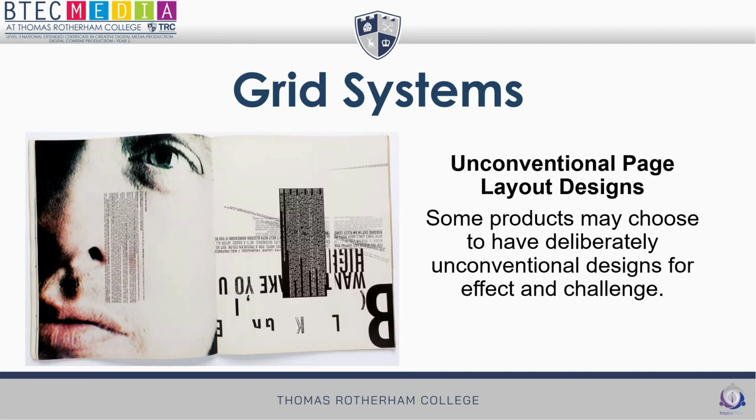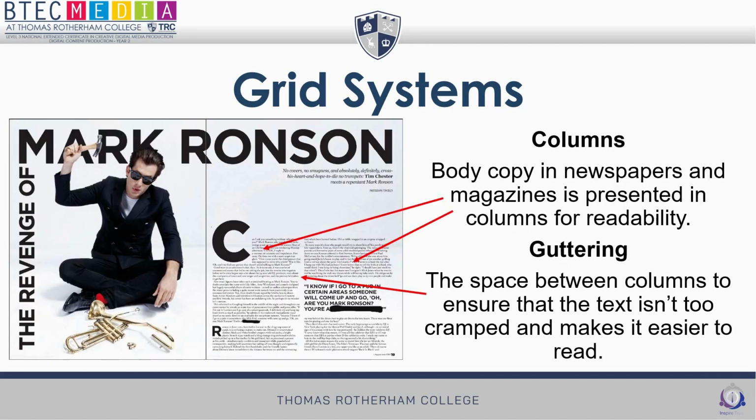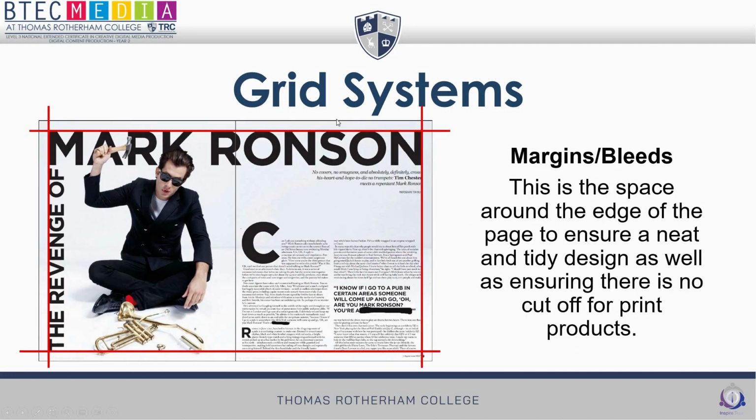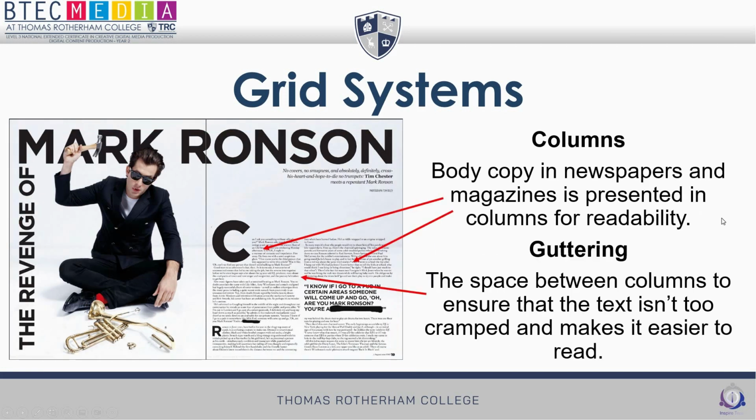It wants to do something that's challenging to the audience. So some designs will deliberately choose to reject these grid systems. This is a magazine called Raygun, which doesn't exist anymore, but it was very famous for having unconventional designs, making it really challenging for the reader to read, obviously. But generally speaking, these are the grid systems that designers will use: margins and bleeds, columns, and guttering.